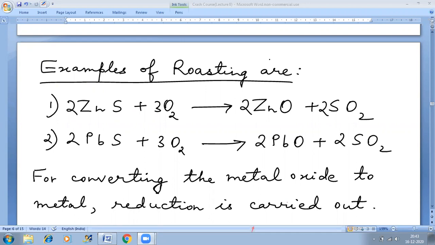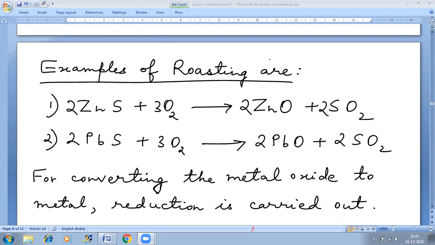Now, the next task will be to convert the metal oxide to the respective metal, because ultimately we want the metal. If ZnO is obtained here, for example, then ZnO must be converted to Zn, because I need zinc ultimately.